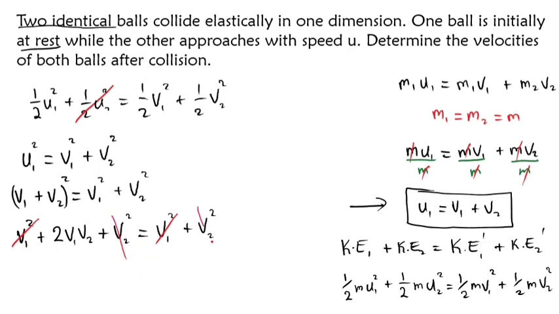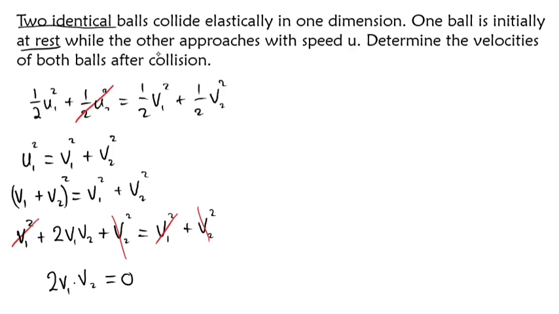Likewise, this and this will cancel out. This only leaves us with 2 v1 times v2 equal to nothing, so in short, equal to 0. Now, what do we do at this stage? If I divide both sides by 2, then I'll remain with v1 times v2 equal to 0.